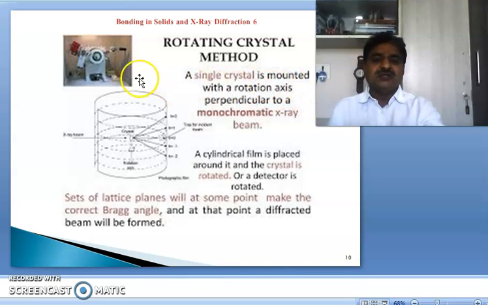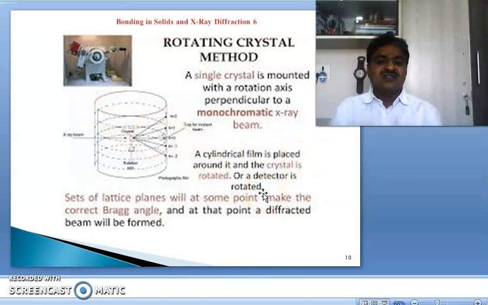Now, the rotating crystal method. In the rotating crystal method, if a single crystal is mounted with its rotating axis perpendicular to the monochromatic X-ray, then we will obtain various spots on this film. A cylindrical film is placed around it and the crystal is rotated, or a detector is rotated.